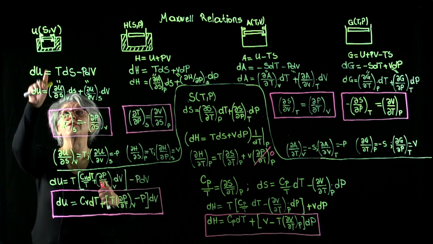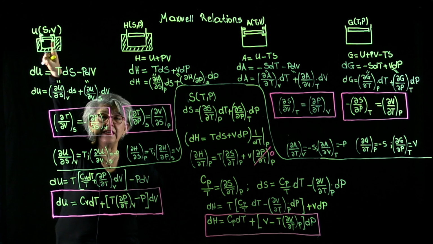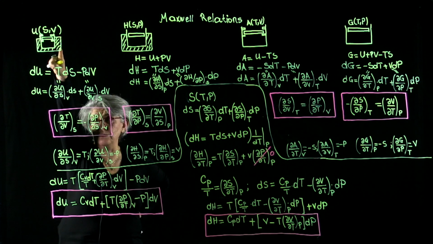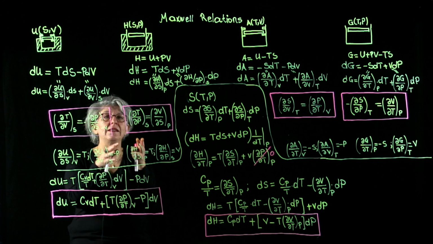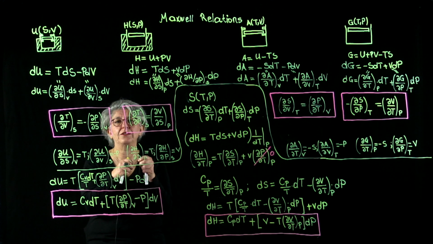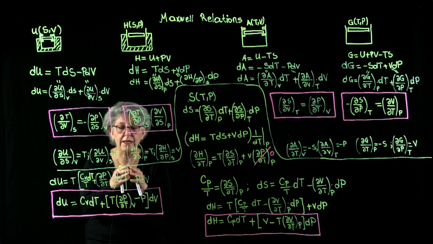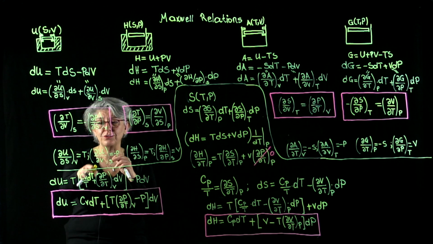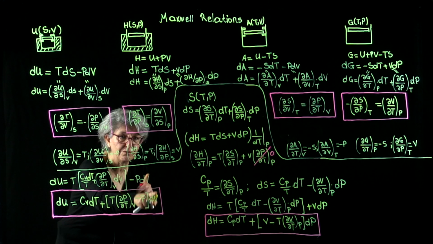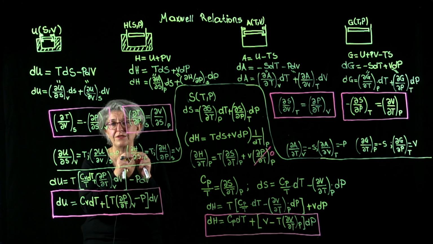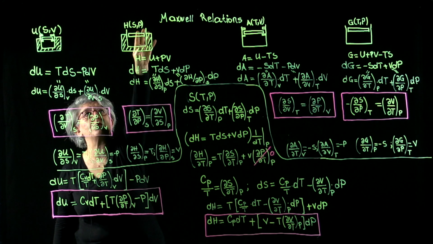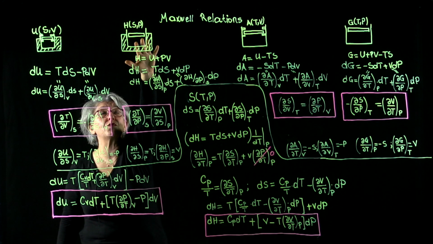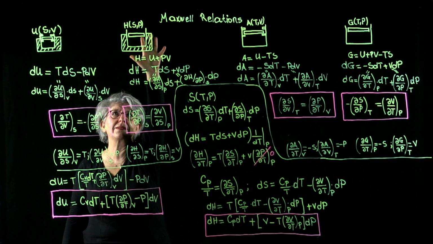And here we started with internal energy as a function of entropy and volume. That is the fundamental domain. Internal energy is a function of entropy and volume, but we translated that to a realm of temperature and volume because temperature is a measurable property. Similarly, enthalpy is a function of entropy and pressure. We started from there. That is its fundamental domain.